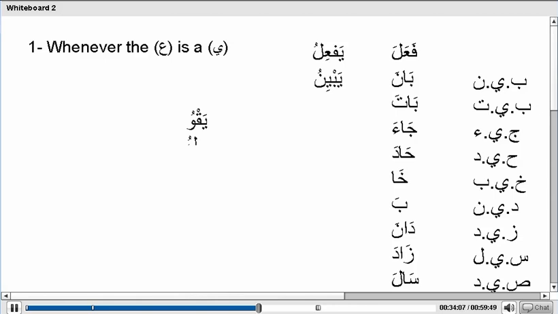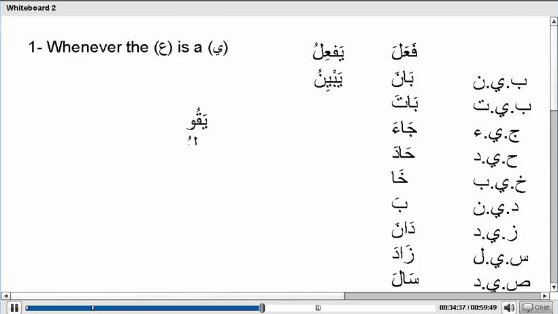Okay? Understand? If you can move the dhamma to the letter before, do it. Otherwise, remove it. طيب. So here, we moved. We moved what? We moved the dhamma from over the waw to the qaf.